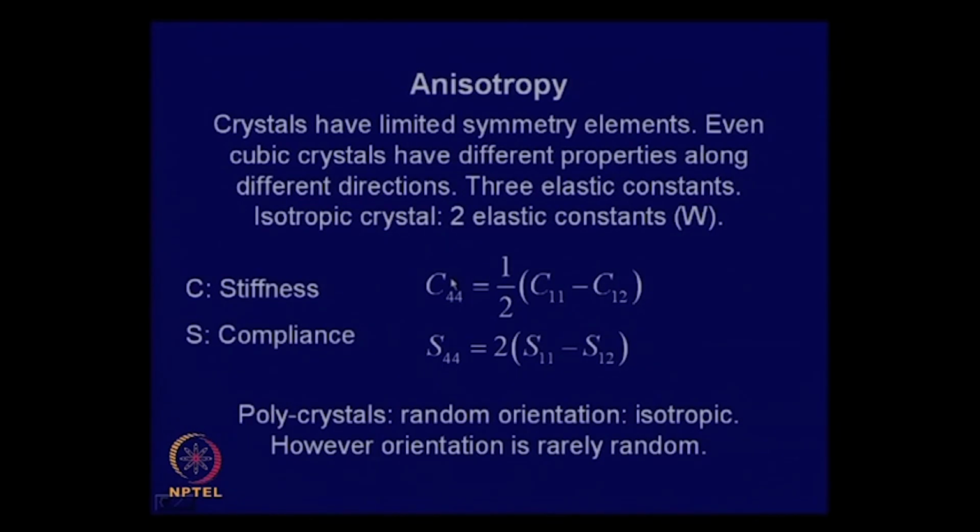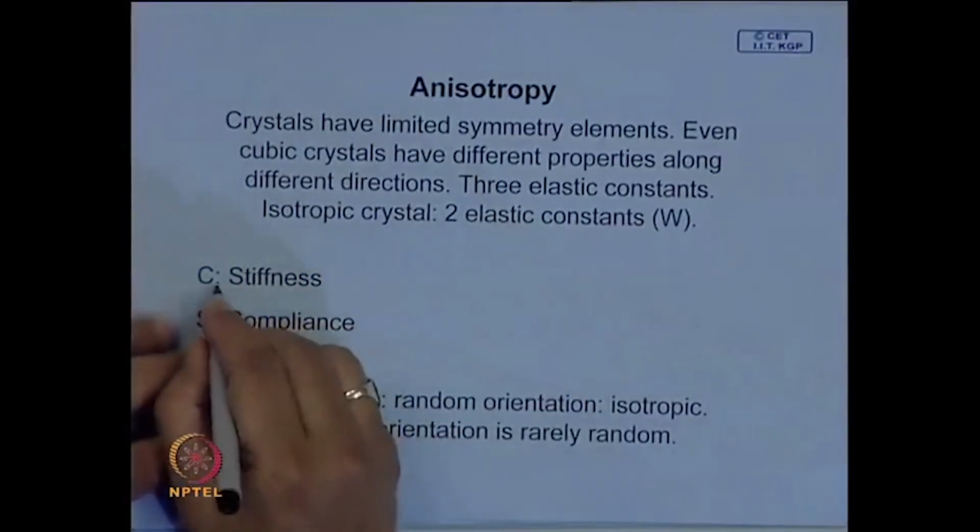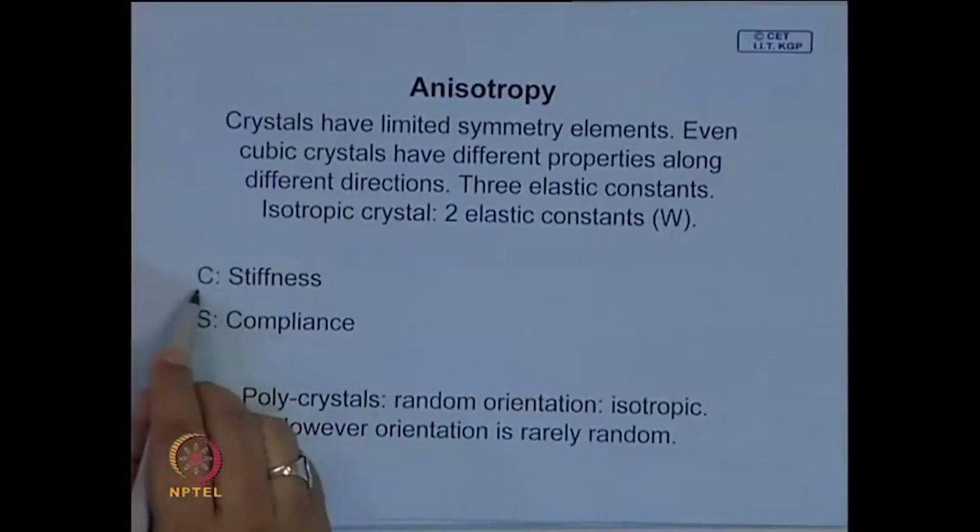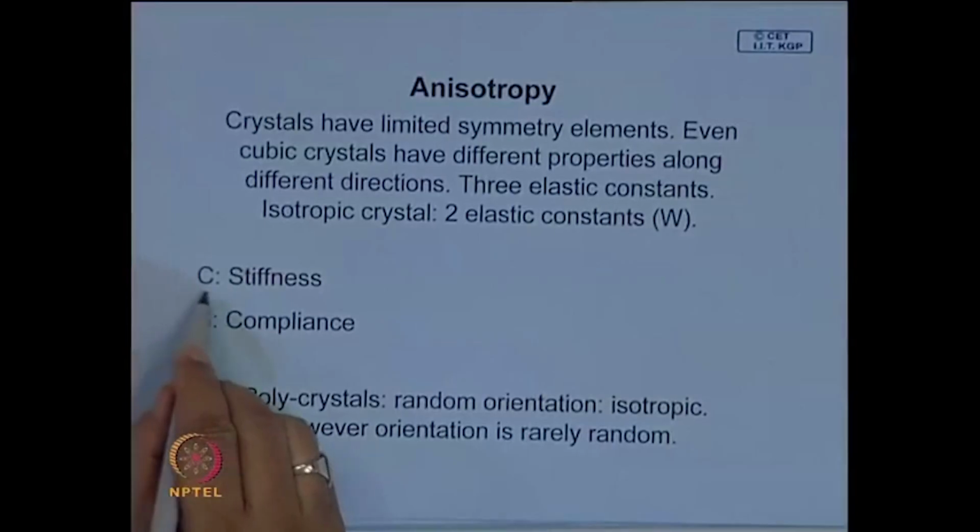We did introduce these concepts of stiffness and compliance, which are actually tensors. We looked at their nature, and what does this signify? C defines a relationship between stress and strain.